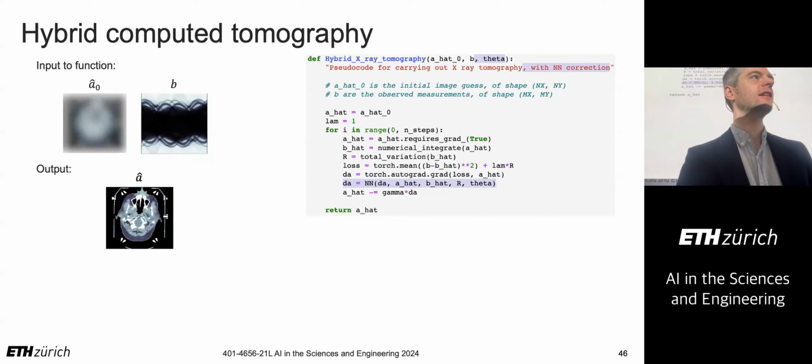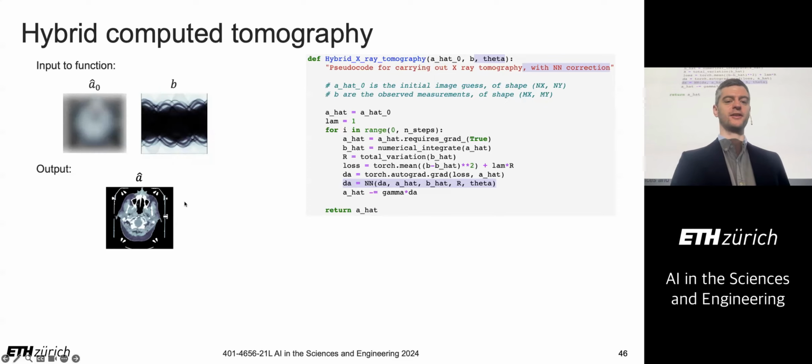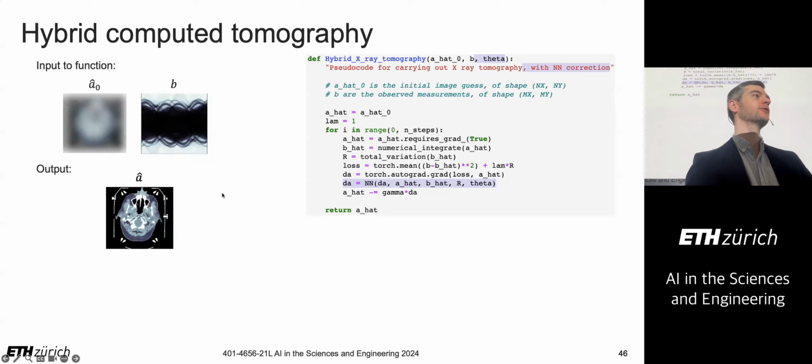Yes, exactly. It's very simple. Our desired goal is to have this algorithm converge on the solution. So we should just match the output. We should have a loss function which matches the output of the hybrid solver to the ground truth image. So it's as simple as that.